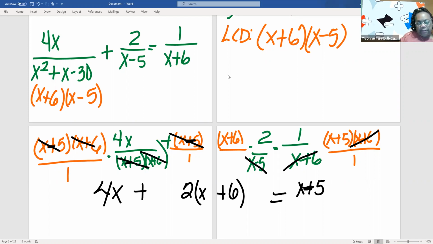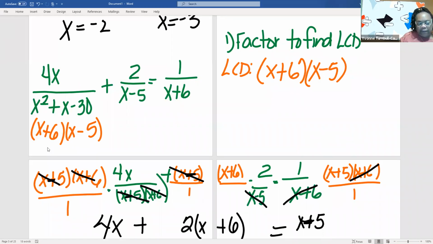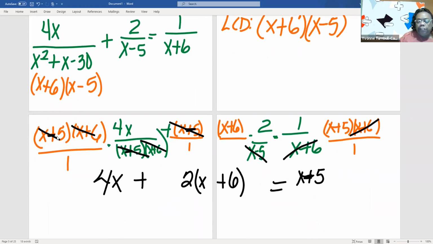All right, let's go back. First thing we did was factor this trinomial into x plus 6, x minus 5. Doing that helps me come up with my LCD. Then down here in orange, I wrote my LCD, x minus 5, x plus 6, three times. Then I cross canceled.